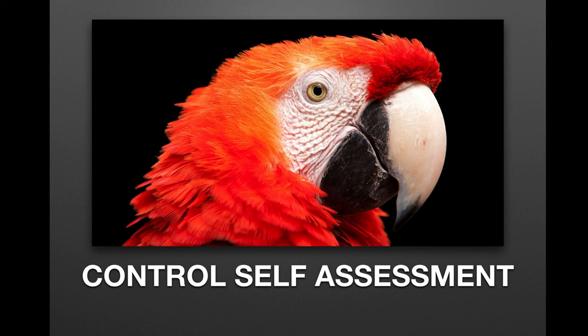The auditor should be a facilitator in this control self assessment, because I'm self assessing myself. I'm looking at myself and saying, okay, this is my problem, this is my problem. So as an auditor, you facilitate and say, yes, that's fine, go ahead in this way or that way.